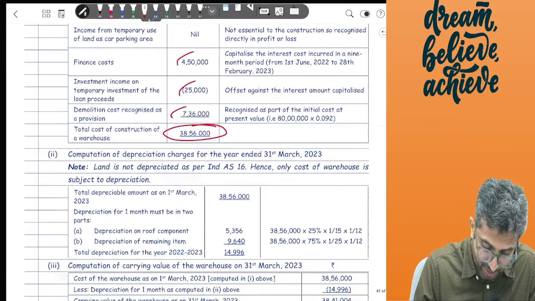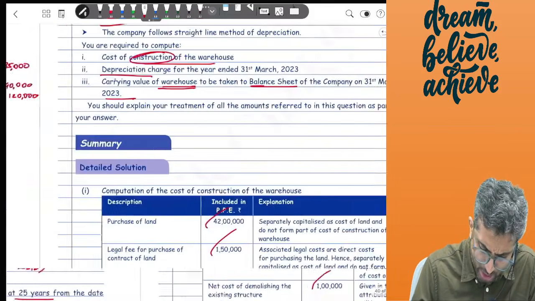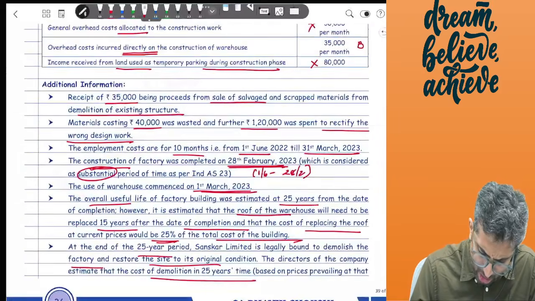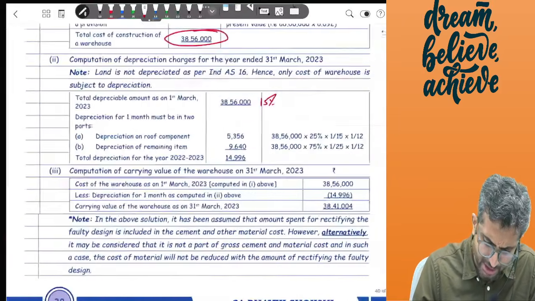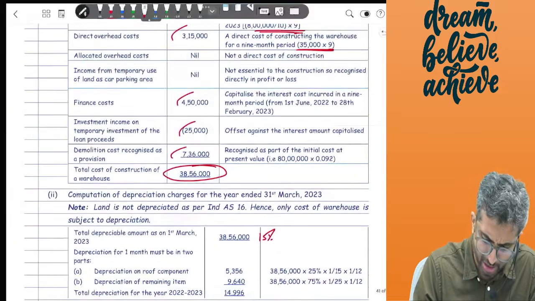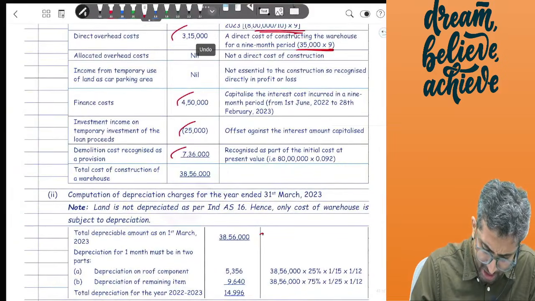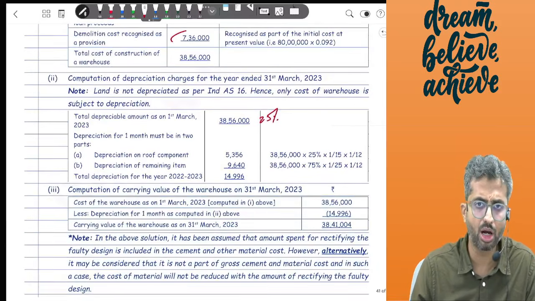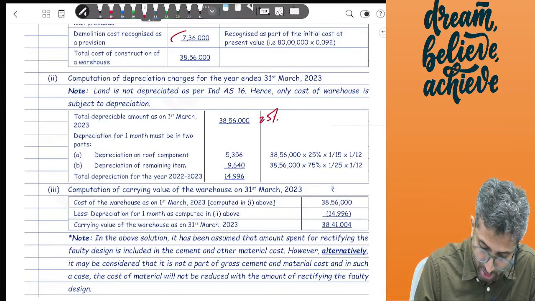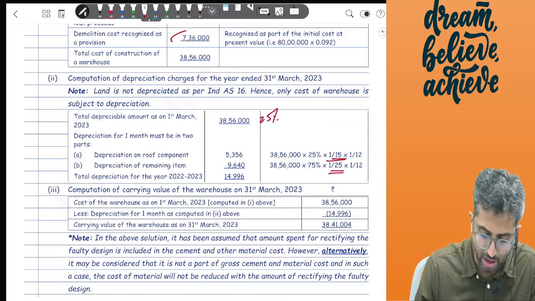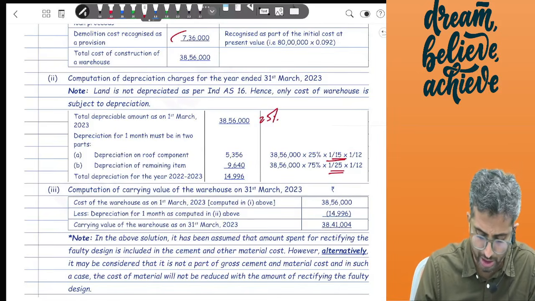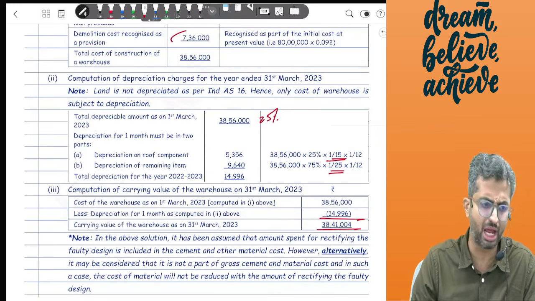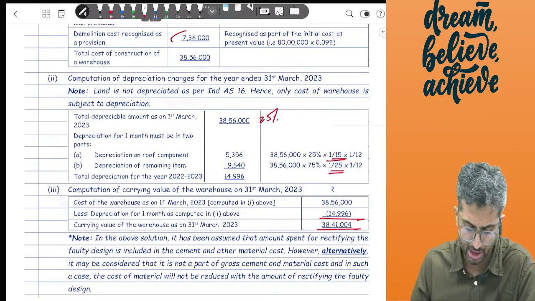Out of this 38 lakh 56,000, the roof will constitute 25%, and other parts will constitute the remainder. As a result, we will find that 25% is depreciated over 15 years, as you can see over here, and the other parts over 25 years, and accordingly we come to your depreciation and the final carrying value for the warehouse.